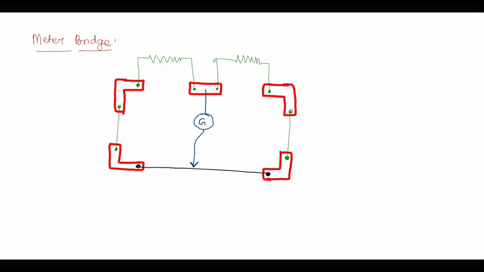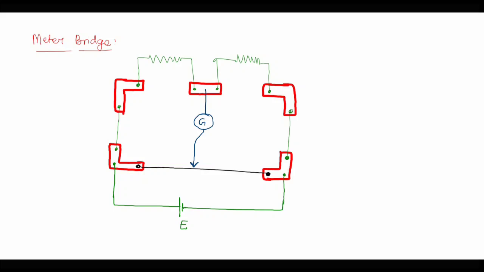And on the other side over here, a source of EMF is connected, which will provide current into this circuit. That is, a DC source is provided over here.